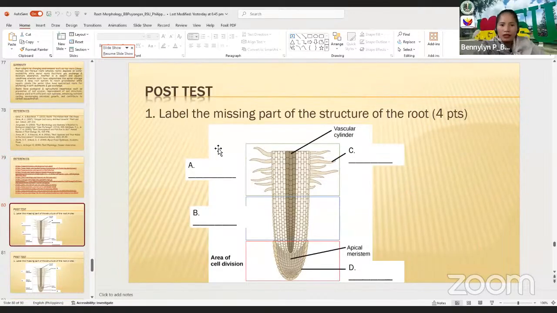So for this one, label the missing part of the structure of the roots, for A, B, C, and D. You can participate now through the chat box. Did you respond? Where is your response, please?